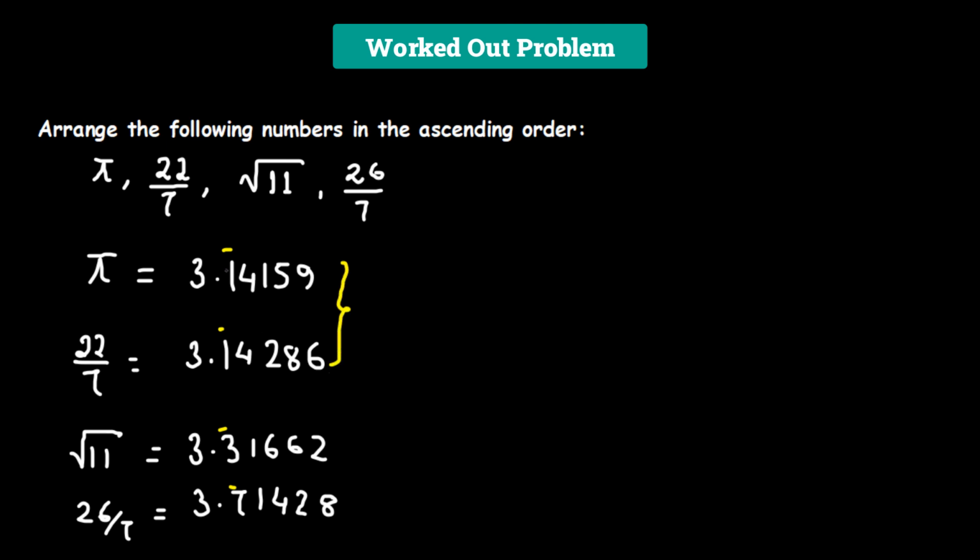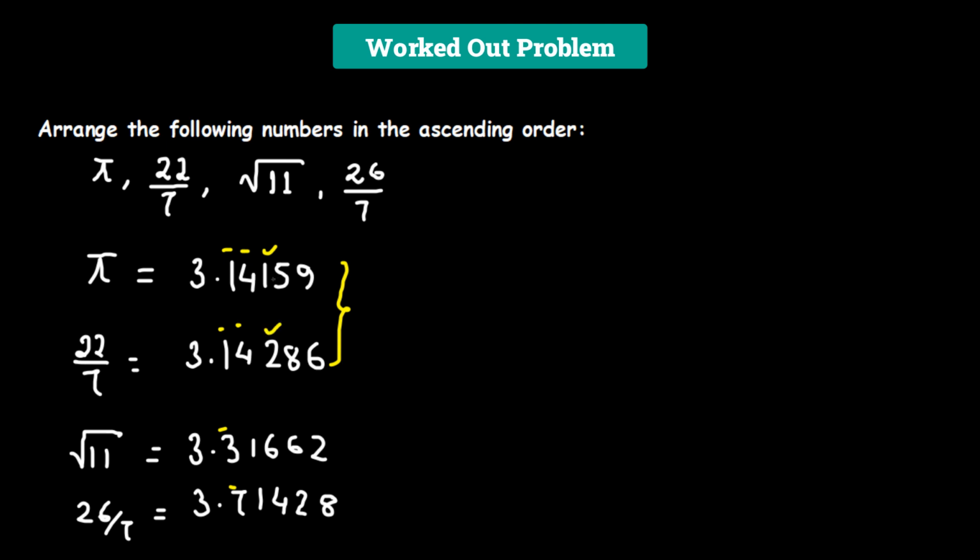Since the 10th place of pi and 22/7 is exactly the same, which is 1, we move on to the digit in the 100th place. That is 4. That again is equal, so we move to the next digit, the digit in the 1000th place. For pi, the digit in the 1000th place is 1, whereas for 22/7 it is 2.